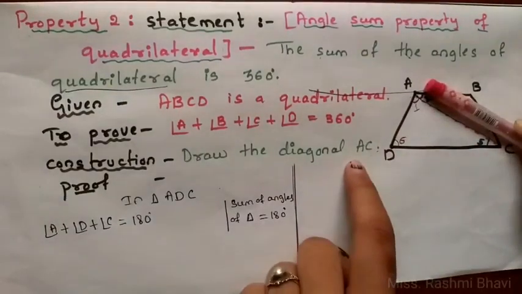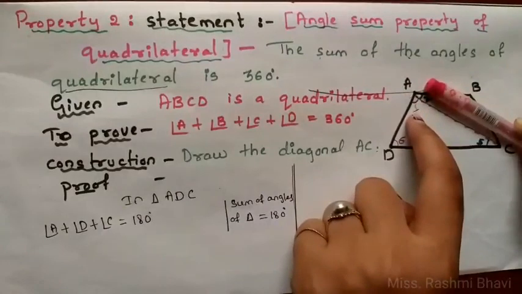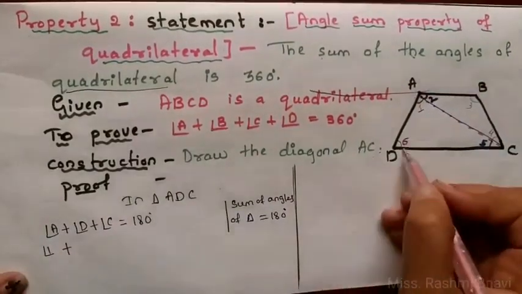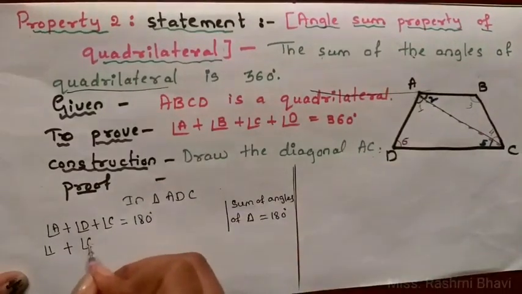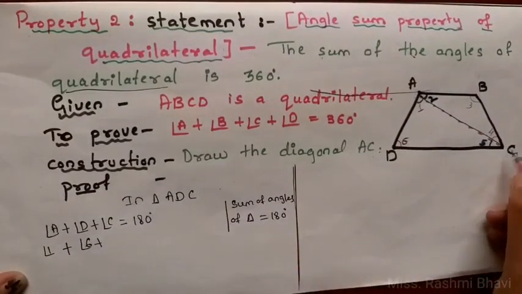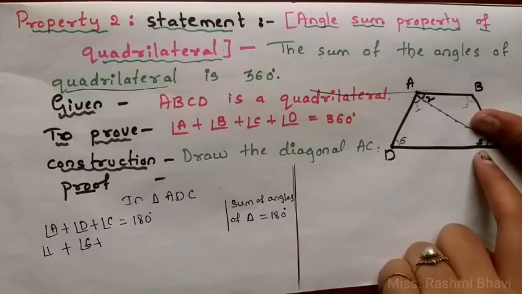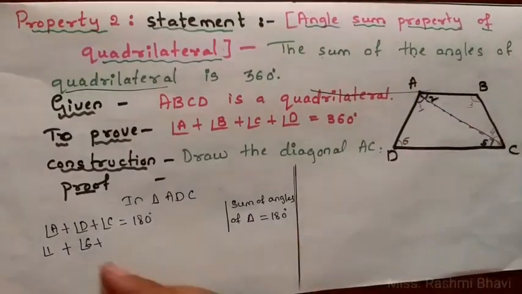ACD. Here angle A is what here? Angle 1. Angle D is what here? Angle 6. And angle C is what here? I am taking this part of the triangle. Angle C is 5.